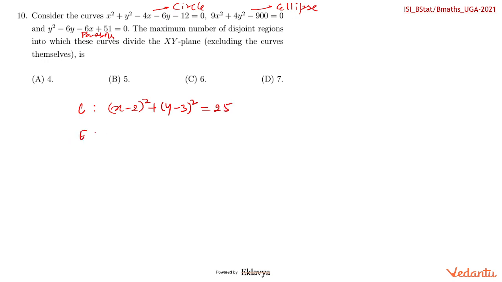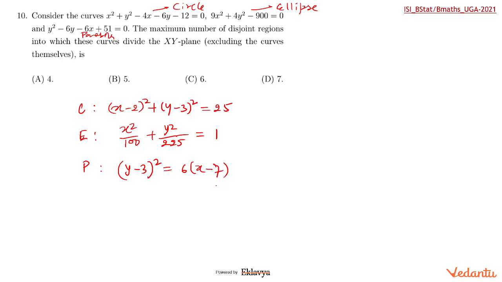The ellipse is curve 2, x square by 100 plus y square by 225 is equal to 1, and the parabola is the third curve, that is y minus 3 whole square is equal to 6 times x minus 7.